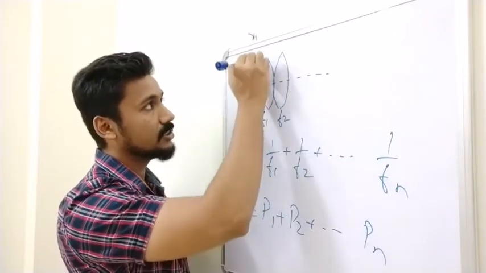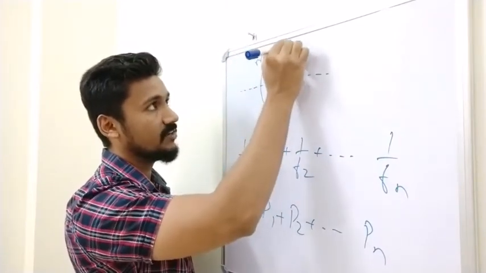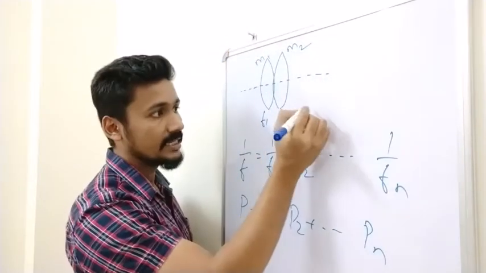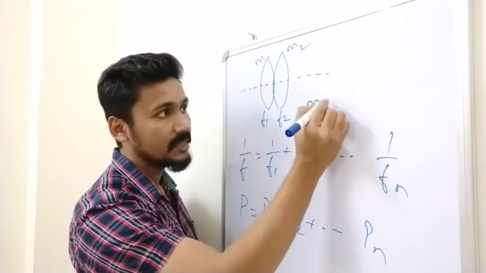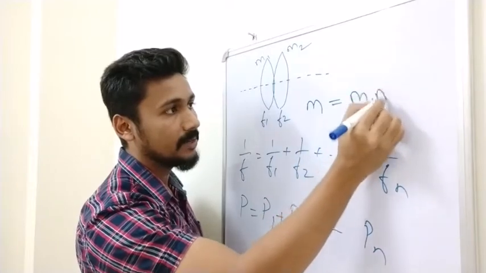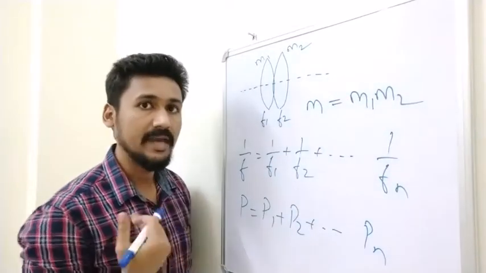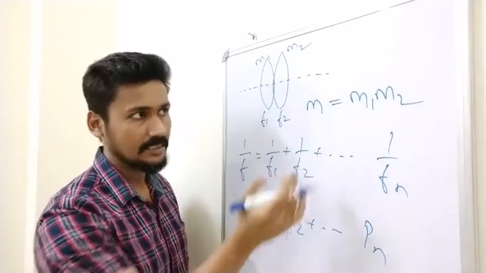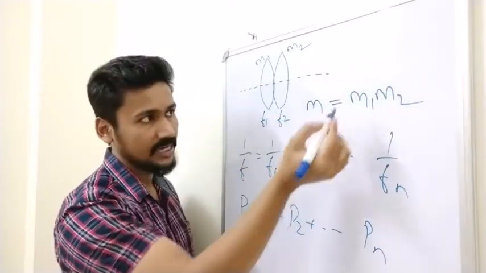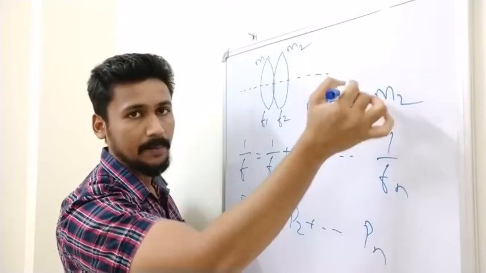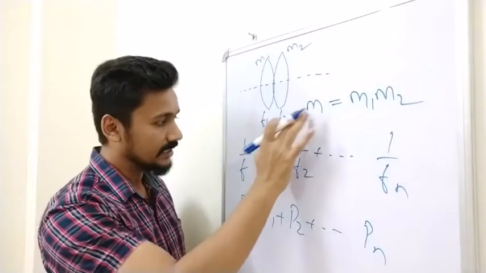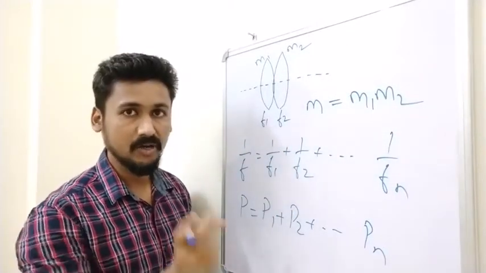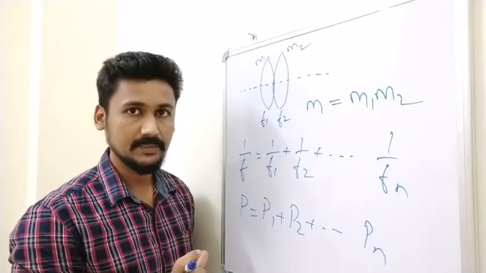If magnification due to lens 1 is m1 and magnification due to the second is m2, the combined magnification m will be equal to m1 multiplied by m2. So magnification will be a product of the individual magnifications. If you have n lenses, then it will be m1 into m2 up to mn. So these three formulae you will also remember for combination of lenses.